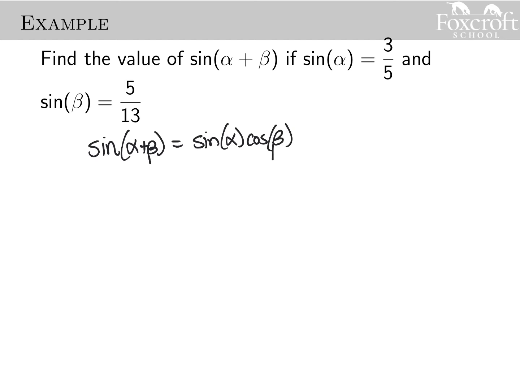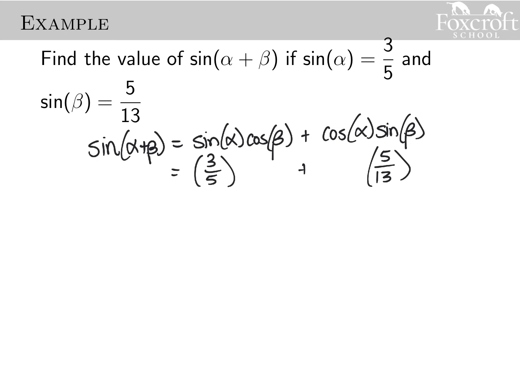So I'm just rewriting that from the last slide, plus cosine of the first angle times sine of the second angle. There's two things we can always put in here. Sine of alpha we know is 3/5. We don't know anything about these cosines yet. Sine of beta is 5/13.